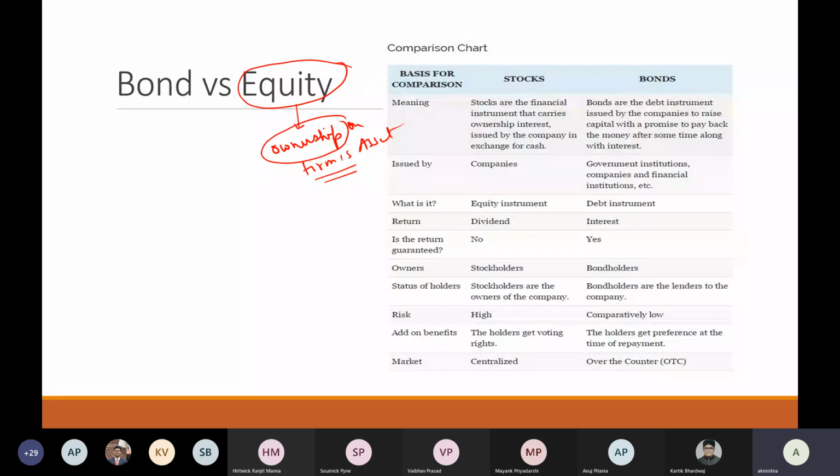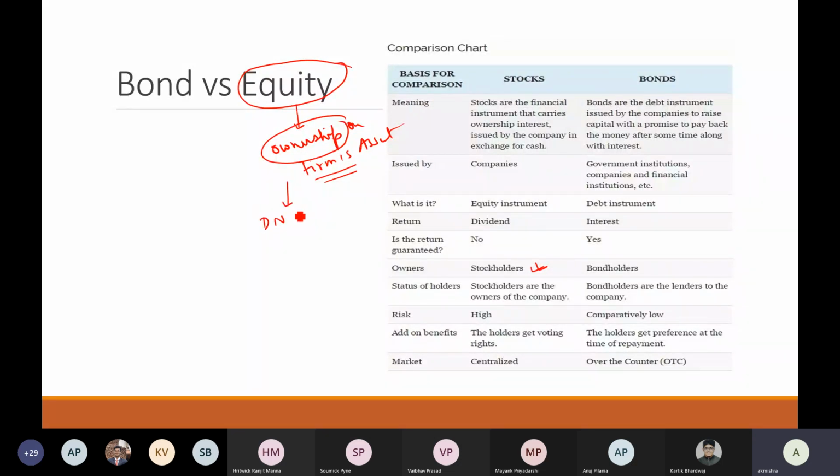Whenever you purchase a share, you will be called a shareholder, or owner of that company.